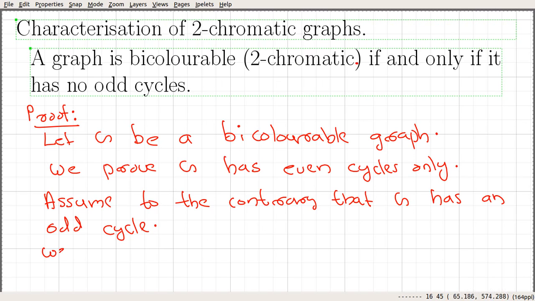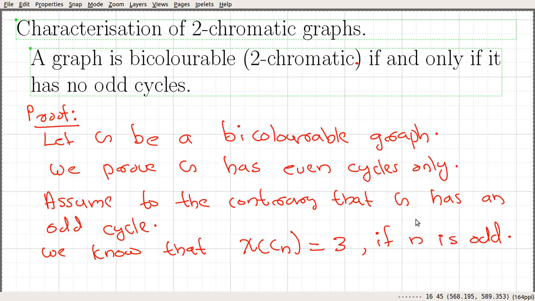Okay, we know that if we consider a cycle with n vertices, the chromatic number is equal to 3 if n is odd.